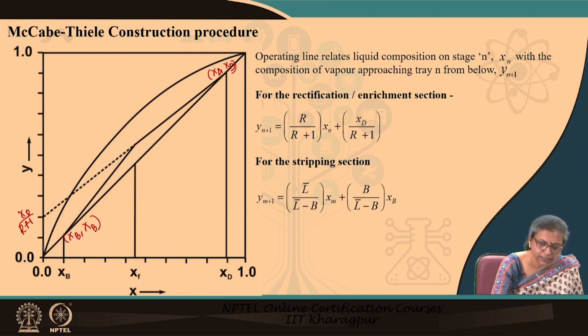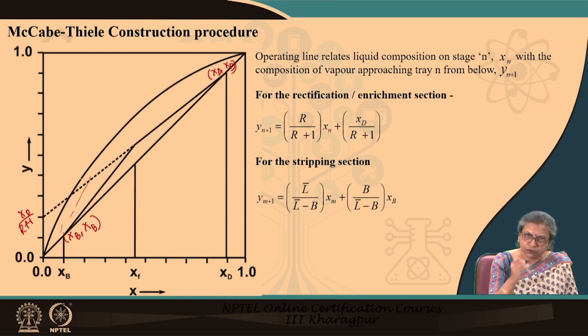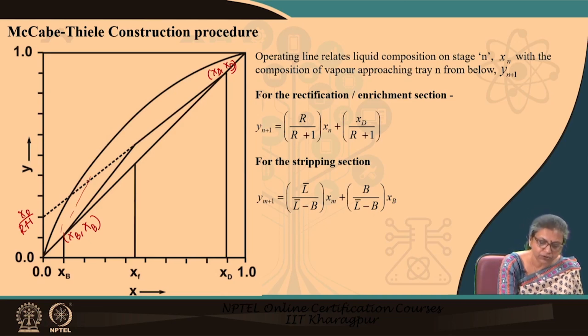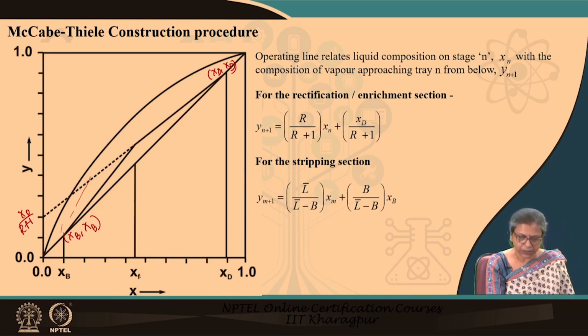Definitely we know that this line is going to intersect the rectification section operating line under some particular condition, but depending upon the slope the intersection point can change. Quite naturally the point of intersection should correspond to that particular point where we change from the enrichment to the stripping section, or in other words it should correspond to the feed point.